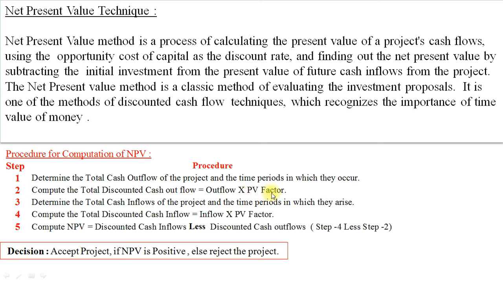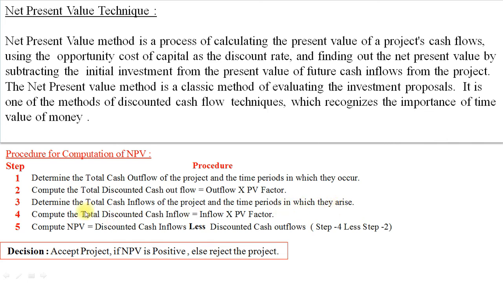This present value factor will be calculated as per the information given in the sum, or ready annuity tables are available. In step number 3, we will determine the total cash inflows of the project and the time periods in which they arise.